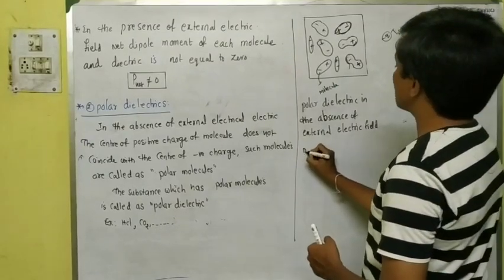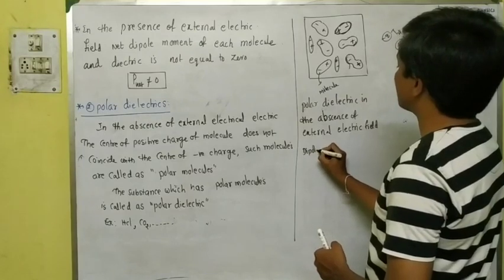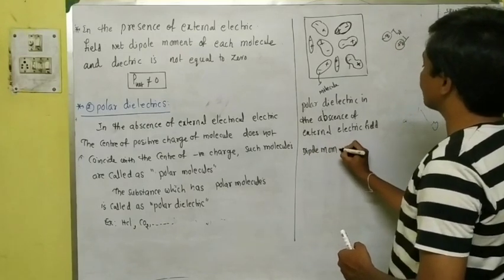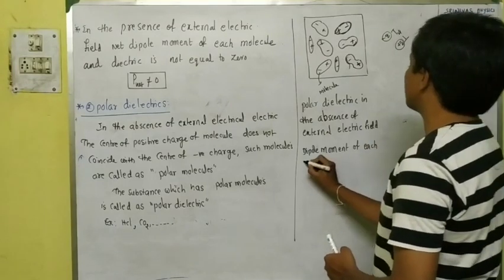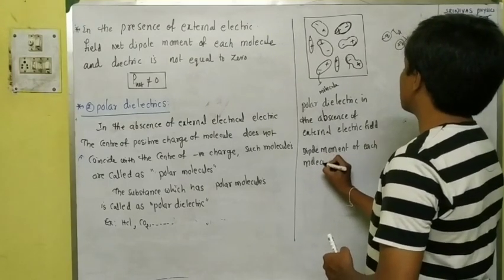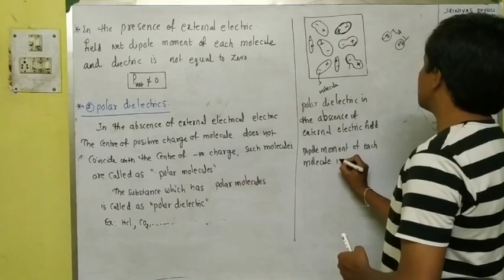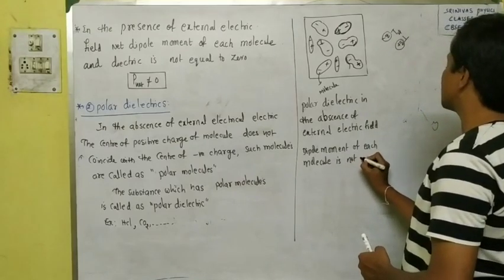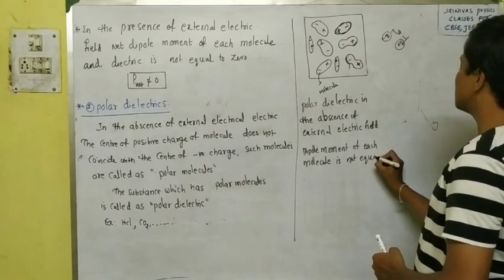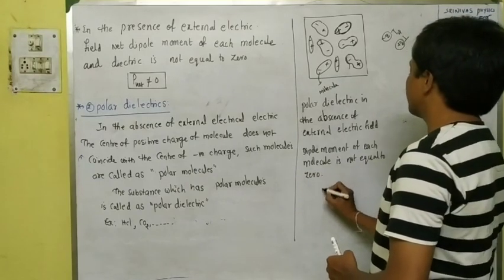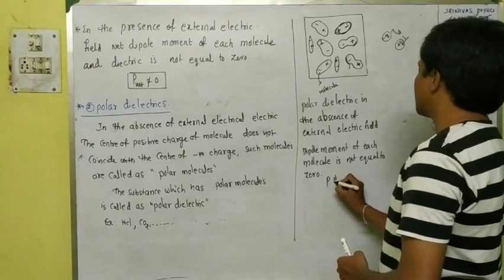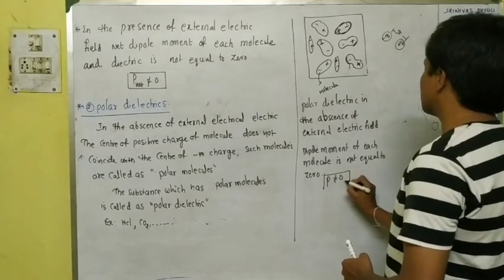That means the dipole moment of each molecule is not equal to 0, right? Okay, the dipole moment is not equal to 0.